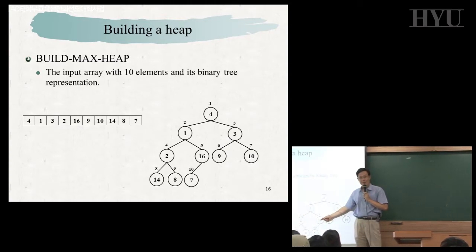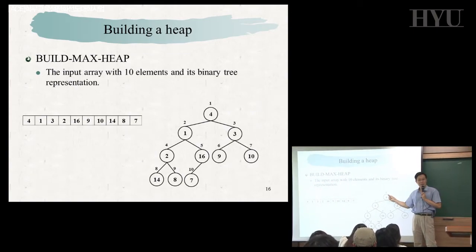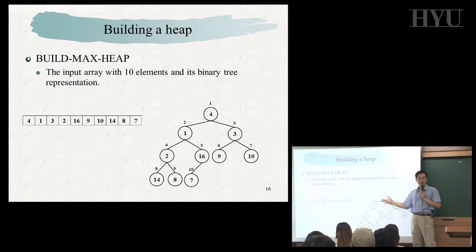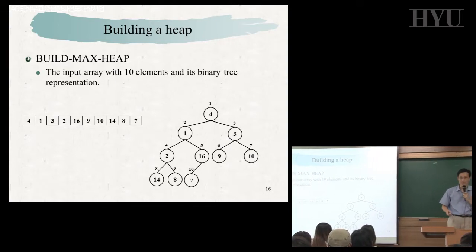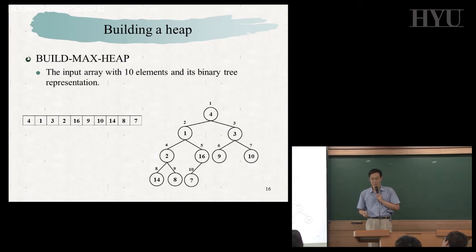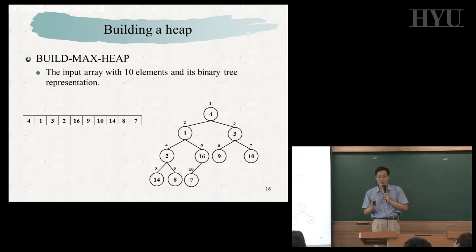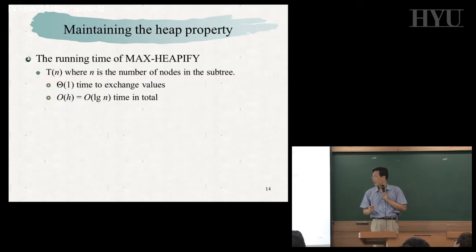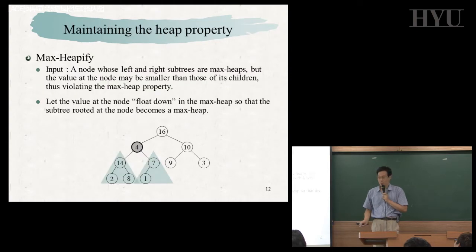Yes. 16 cannot come to the root node. Why? Let's get back to the definition, problem definition of max Heapify. Do you remember the precondition of max Heapify? This one.